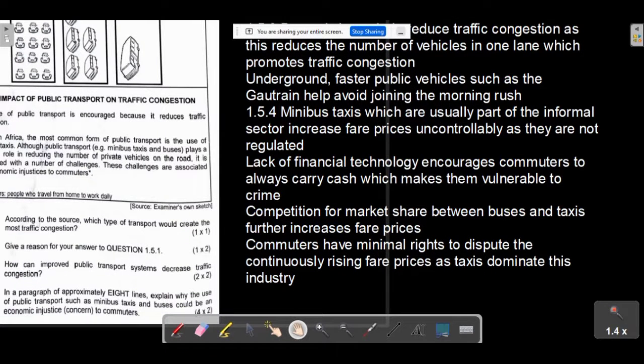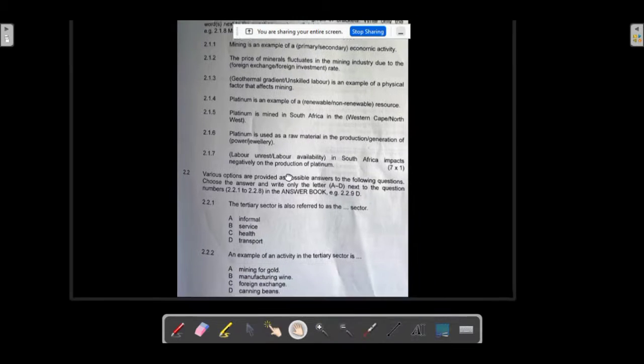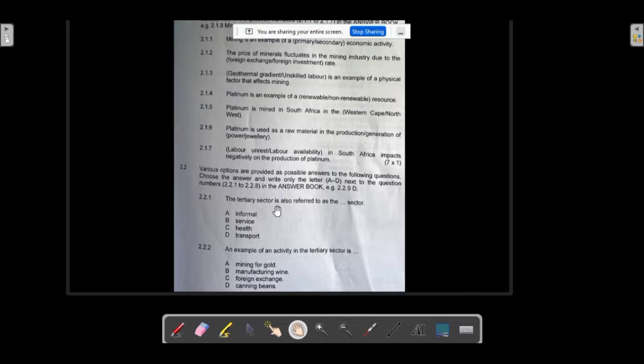Right, so the next question is question two. This is the economic geography of South Africa. So for 2.1 we have the choose the correct word, and then for 2.2 we have the multiple choice question.